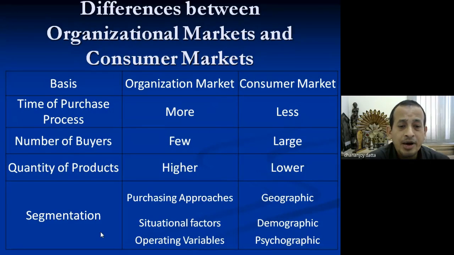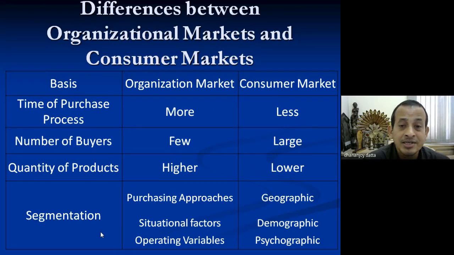Then quantity of product. Quantity required by the organization is higher, because when an organization purchases products, it purchases in bulk quantity. Bulk quantity means a larger volume. But in case of consumer market, the quantity required is lower. Lower means a consumer may purchase one unit, two units, maximum three units of a product.